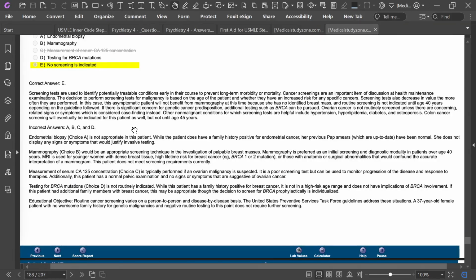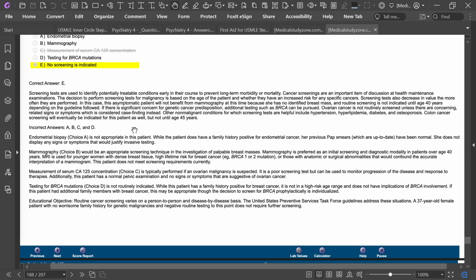So no screening is indicated. Screening tests are used to identify potentially treatable conditions early in the course to prevent long-term morbidity or mortality. Cancer screening is an important item of discussion at health maintenance examination.